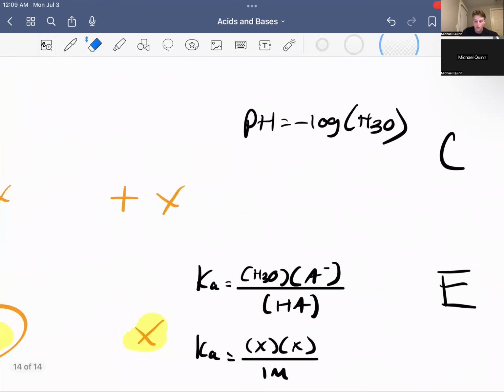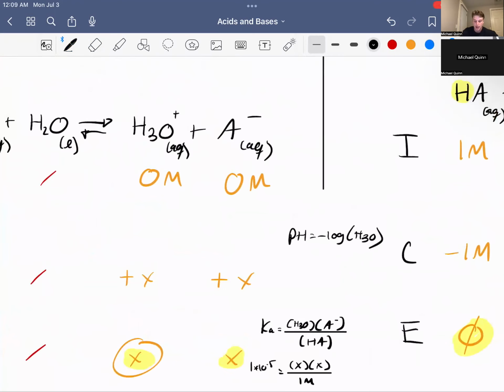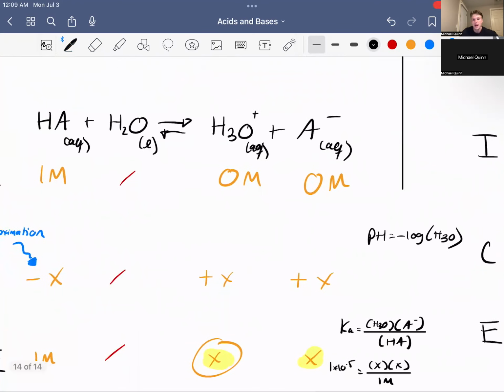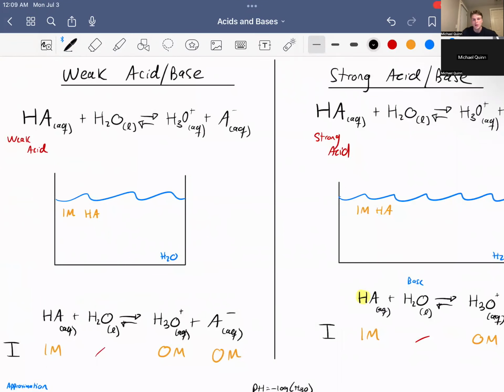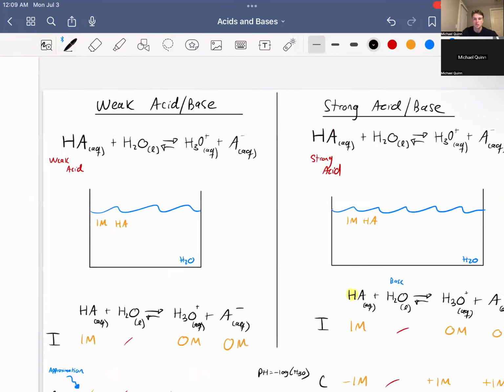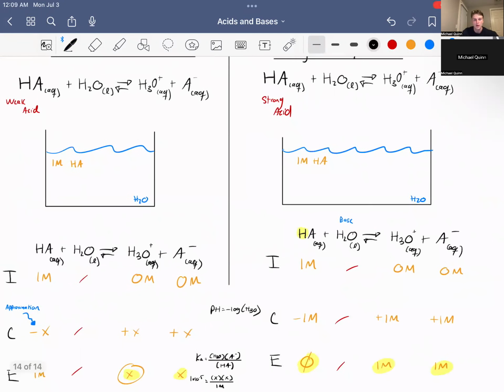Now, all we would need to know is the Ka for this acid, which would be given in this problem. We would need to know that. But if we had this, say it was 1 times 10 to the negative 5, we could solve for X and take the negative log of that, and we would have the hydronium. So knowing the difference between a weak acid-base problem and a strong acid-base problem is very, very important.